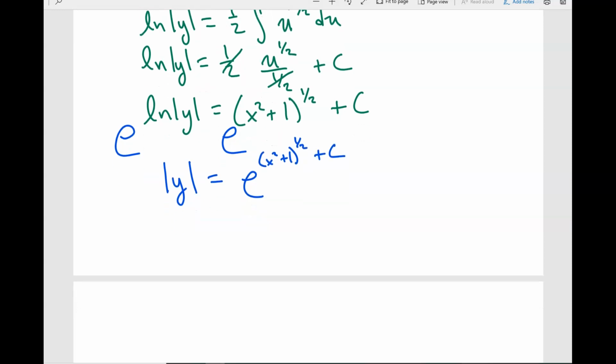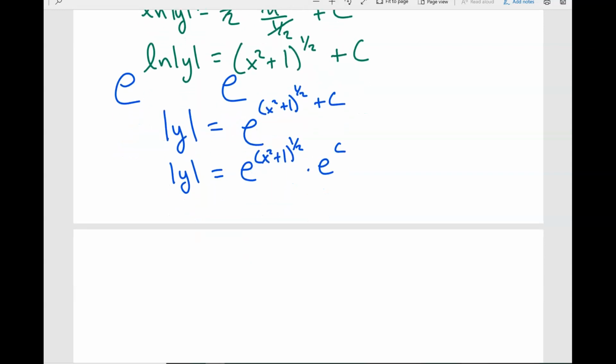Now let me fix this a little bit. I'm going to have absolute value of y is equal to e to the x squared plus 1 to the 1/2 times e to the c. This is just properties of exponentials. If you have the same base, you can just add the exponents, which is basically what I have there.